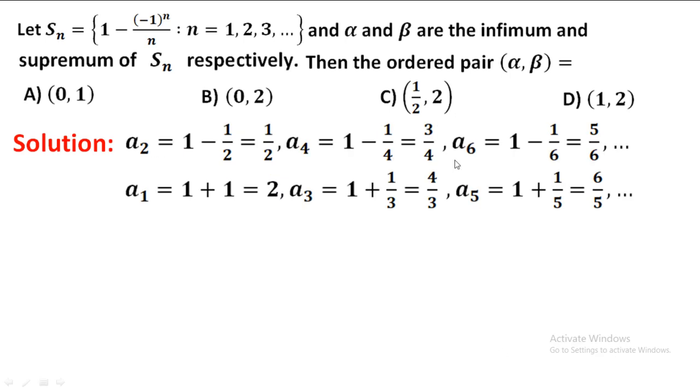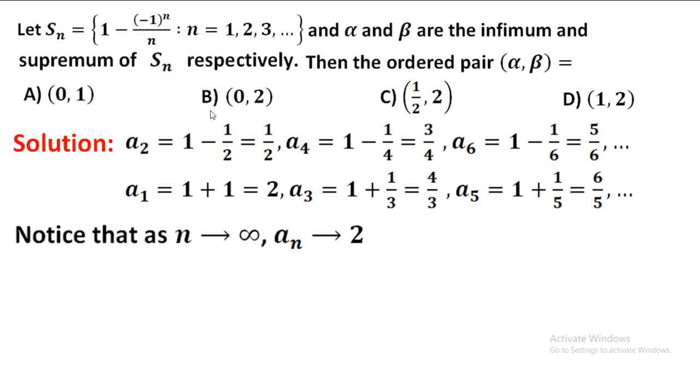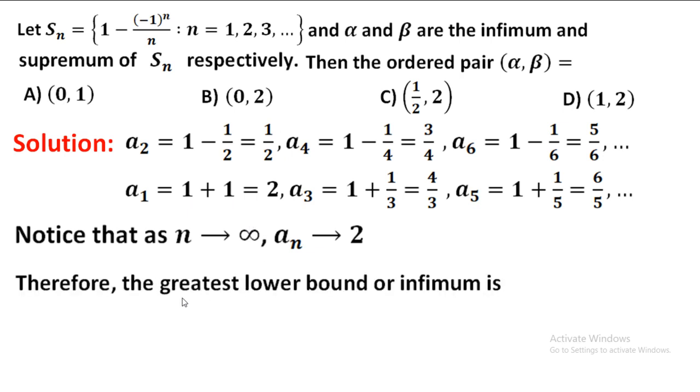Yes, by observing the terms of the sequence, and moreover by noticing that as n tends to infinity the nth term approaches 1, therefore the greatest lower bound or infimum for this sequence Sn is alpha equal to 1 by 2.